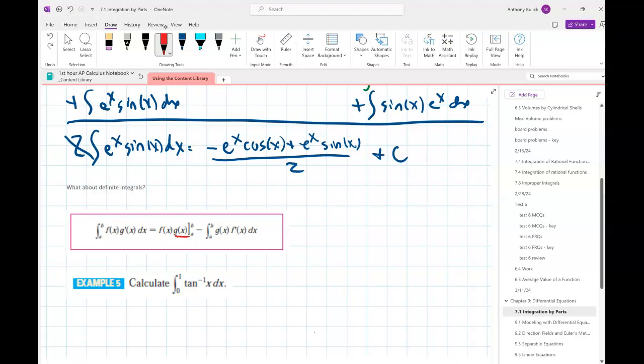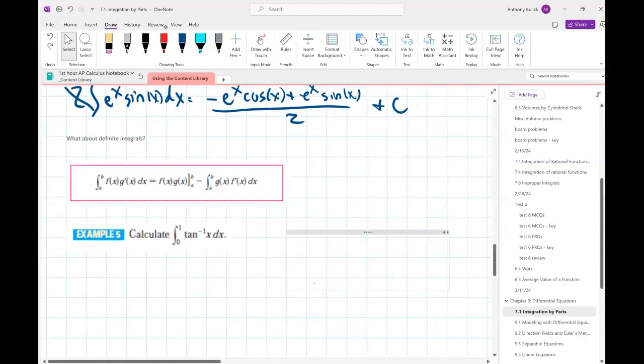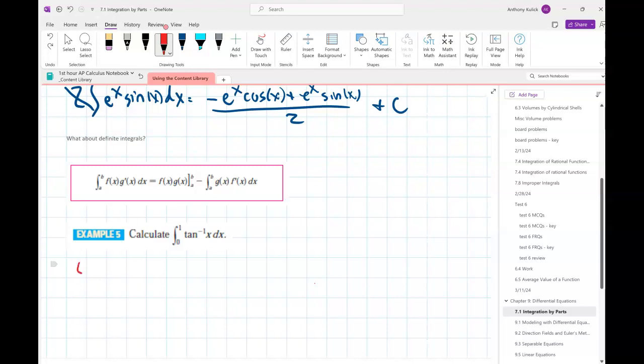So, all right. Again, we don't have an antiderivative formula for tan inverse. We know the derivative of tan inverse is 1 over 1 plus x squared. But what's the integral of tan inverse? We don't have a formula for that. So integration by parts looks like our plan.